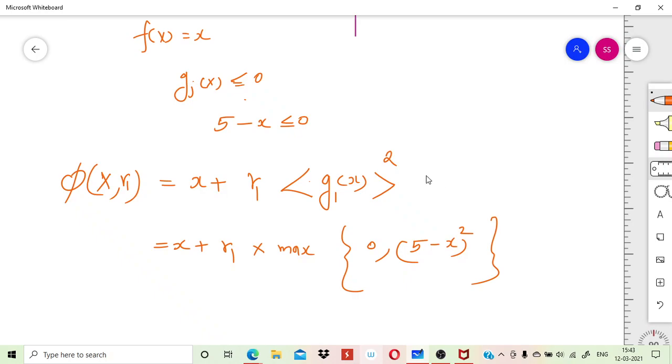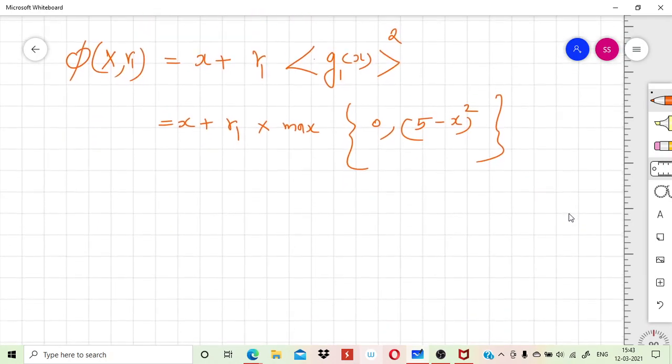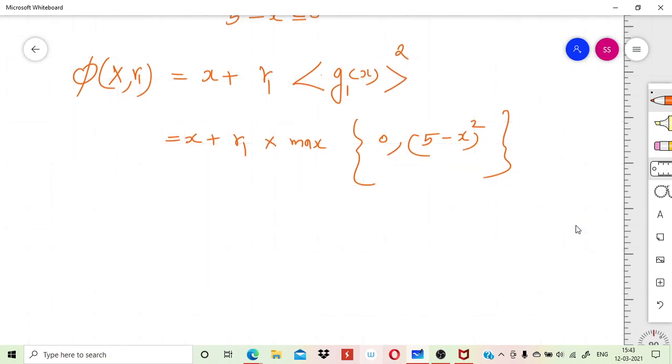So that means we have this equation: phi of x comma r1 is equal to x plus r1 into max of 0 comma 5 minus x, whole square.